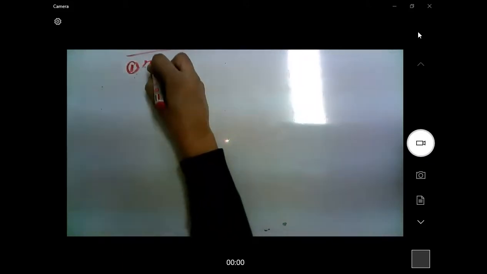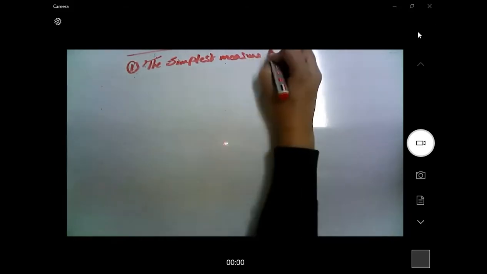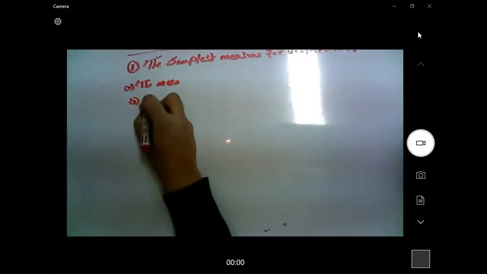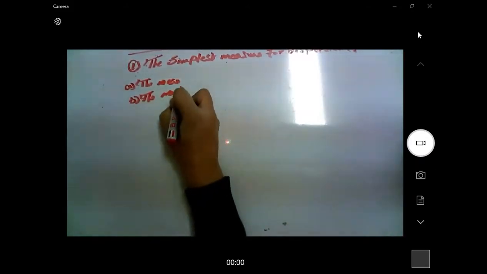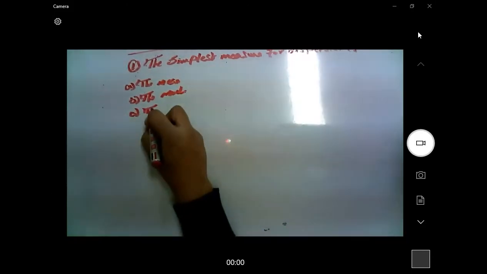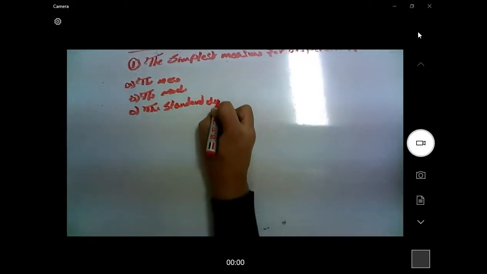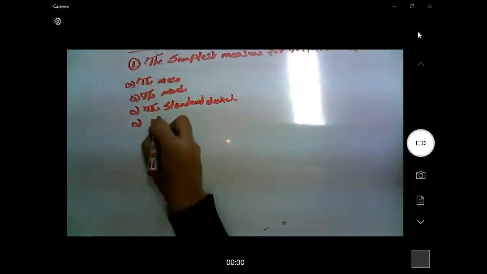Number 1: the simplest measure for dispersion is A, the mean; B, the mode; C, the standard deviation; D, the range.